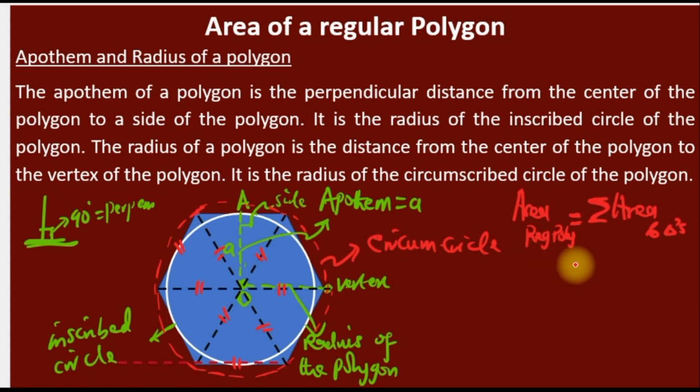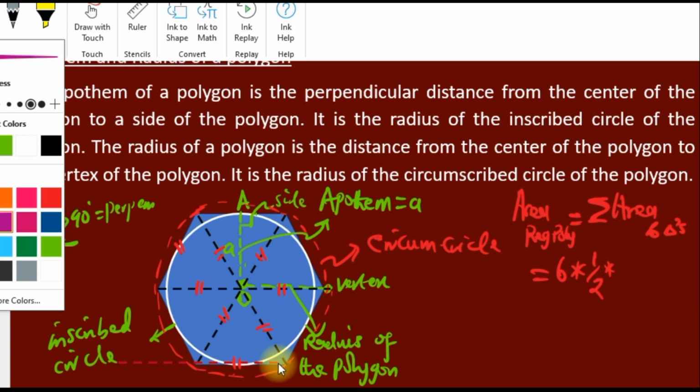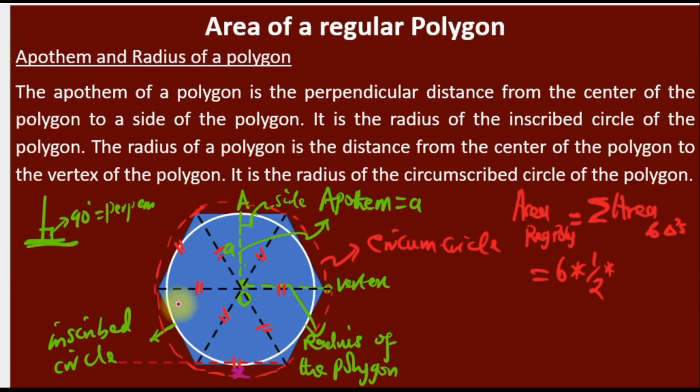And we know that the area of a triangle is half base times height. Since I have 6 of them, if I know the area of one, I multiply by 6. So I have 6 times the area of one of them. Let's call the side of the triangle, which is the side of the polygon, x.